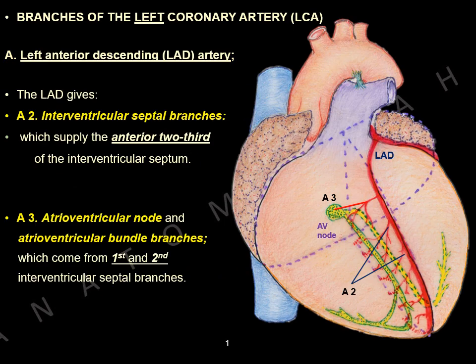Continuation of branches of the left anterior descending LAD artery. Let's see this diagram again. Here is the anterior interventricular groove, and this is the interventricular septum, the septum between the right ventricle and left ventricle.